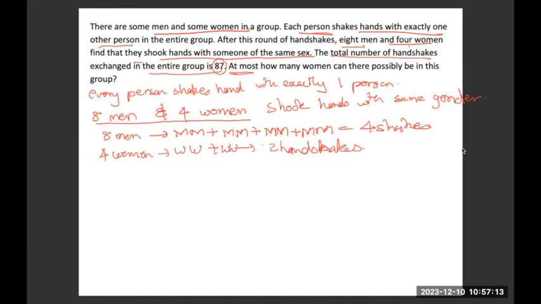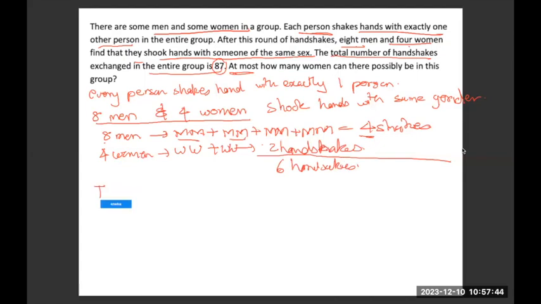Now, because one person is only shaking hands with one person, the 8 men and 4 women who shook hands with the same gender, which means 8 men will be shaking hands among themselves. There are 8 men here, 1, 2, 3, 4, 5, 6, 7, 8, and hence there will be 4 handshakes here. So the total handshakes accounted for by the same gender will be 6 handshakes.